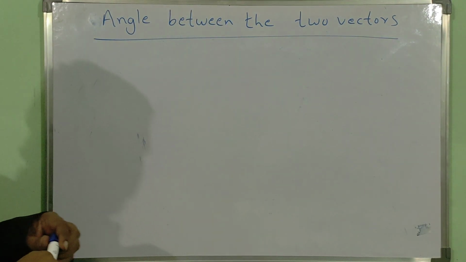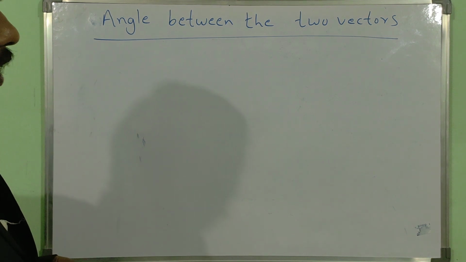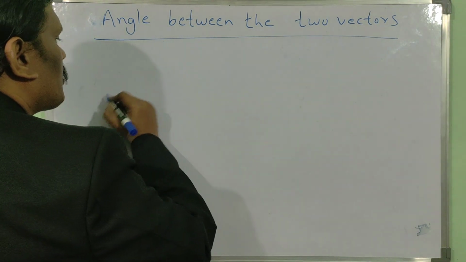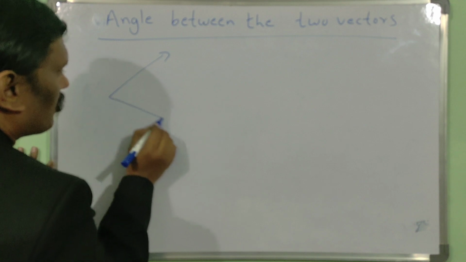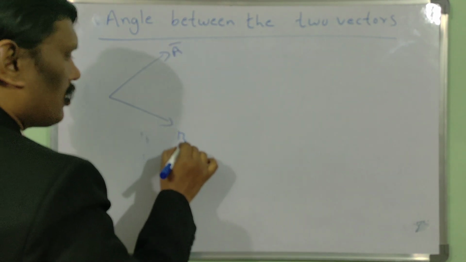How to take the angle between the two vectors? What are the conditions we require? First thing, if I am going to consider two vectors in this manner, this is the vector A bar and this is the vector B bar.